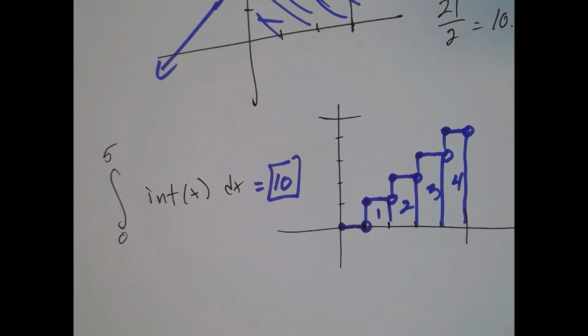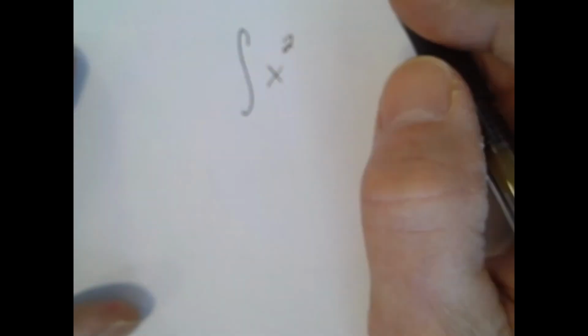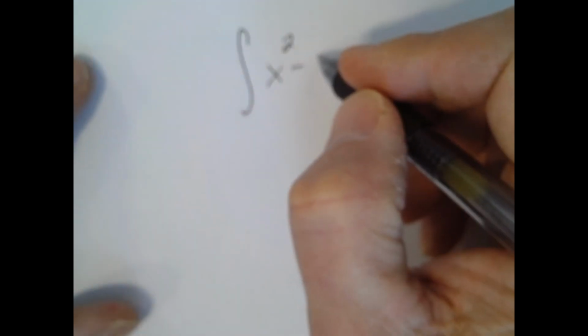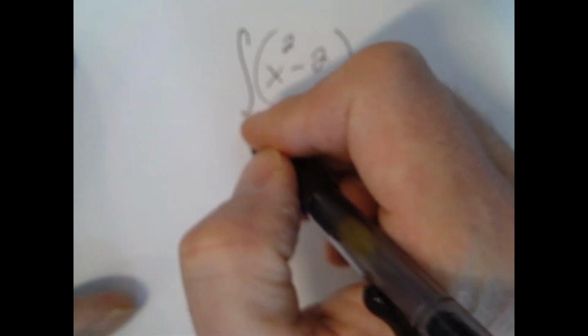Alright, let's use our calculators. The last thing I'm going to show you today is how you can use your calculators to do some work for you. That's always a good thing. So let's find the integral of, I don't know, x squared minus 2 from 0 to 4 dx.